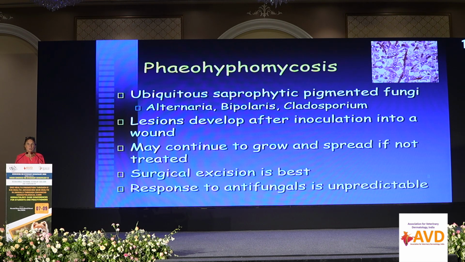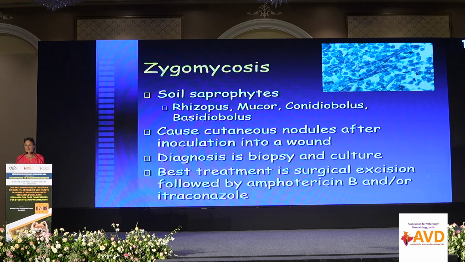That's a feature that gives you an index of suspicion. They may not respond to antifungals, so you have to do a surgical excision in these cases. Another example of a saprophytic organism that can be inoculated by accident is zygomycosis.